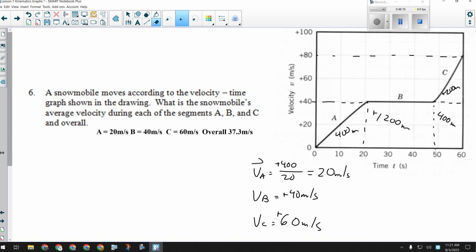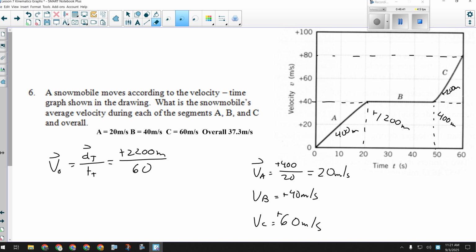Okay, now, if I want to get the overall average velocity, okay, so v average, that's going to be the total displacement, which I can now calculate, okay, over the total time, which I can read off of the graph. Okay, so I've got 400, 1600, 2000, 2200 meters. Okay, and that took 60 seconds.